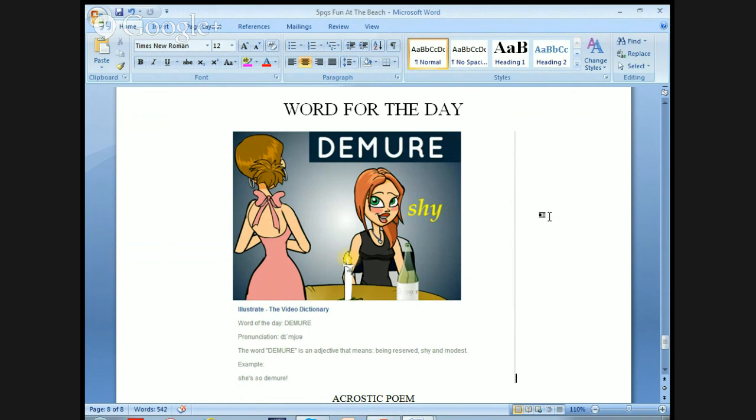The demure girl said she would like to go out with me, but she wanted to go with her friends on a double date. Demure means reserved, shy, and modest. She's so demure. Her personality, her mind, everything that she does suggests that she's demure.